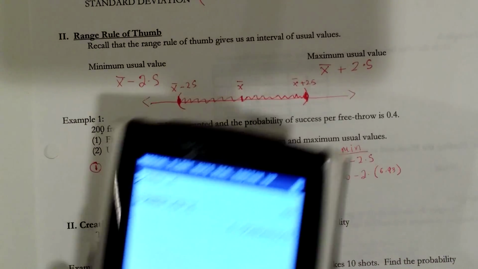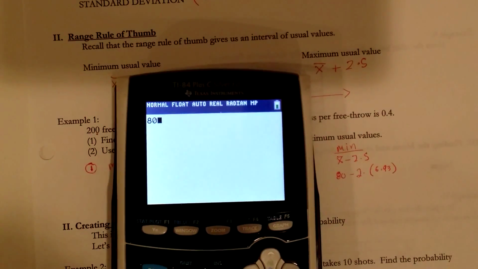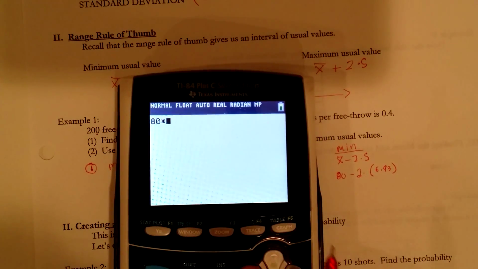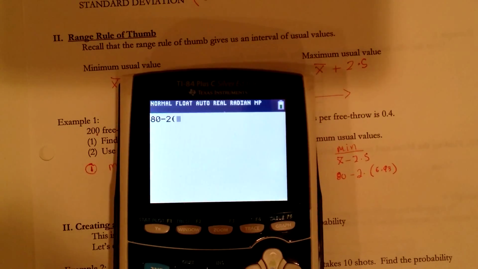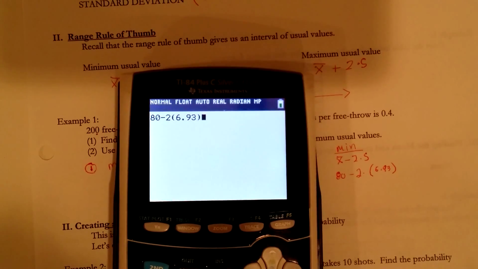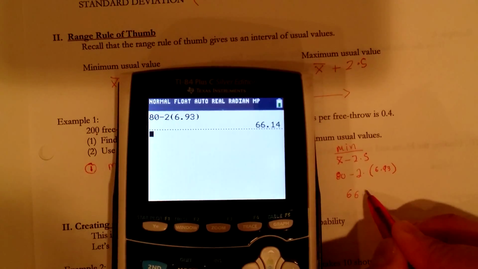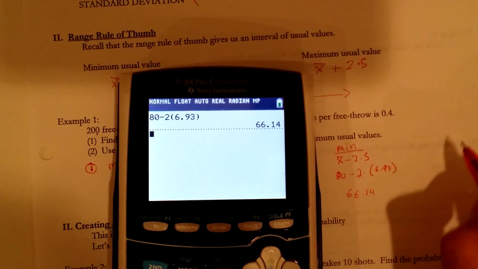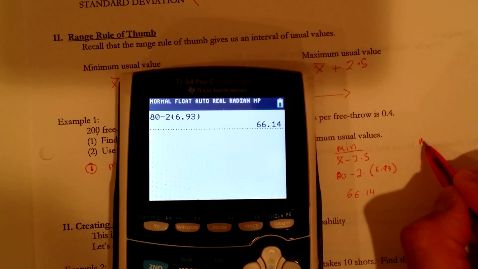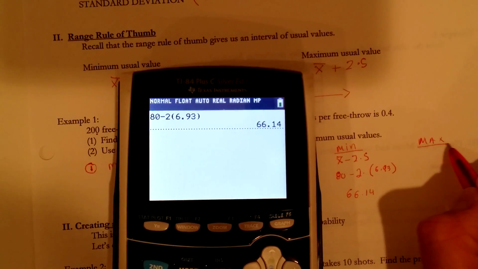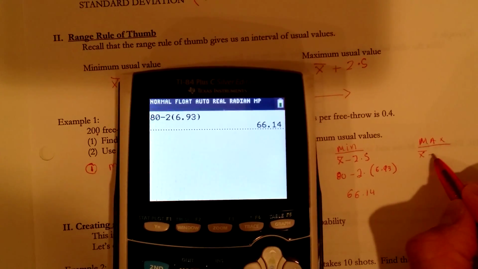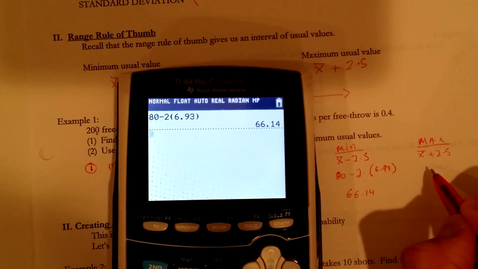And let's see what that is. So 80 minus 2 times 6.93, and we're looking at 66.14 shots that will be made.